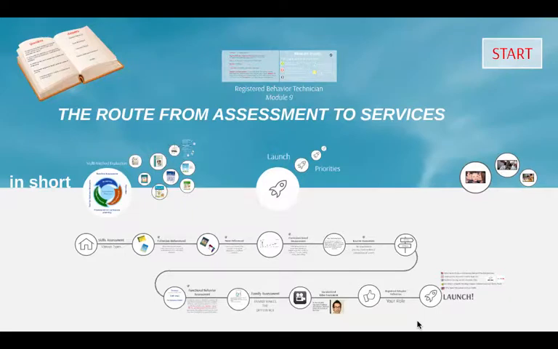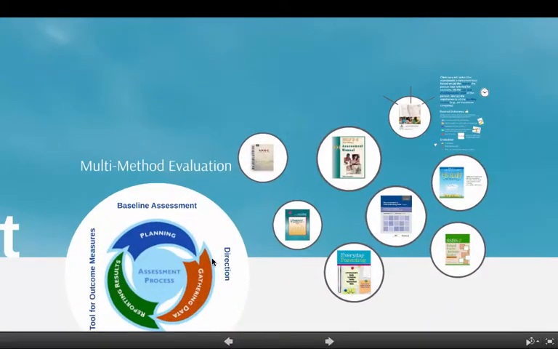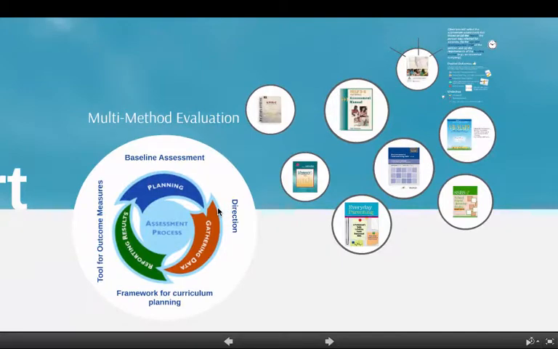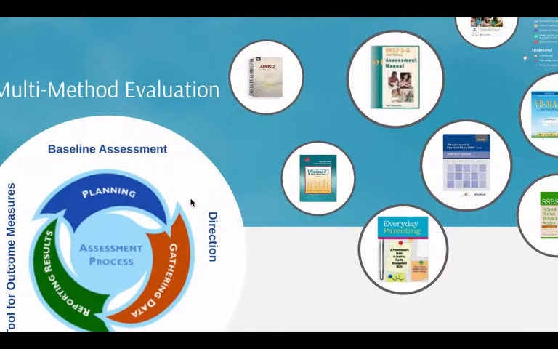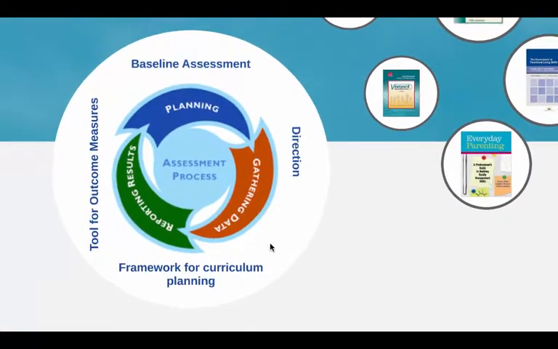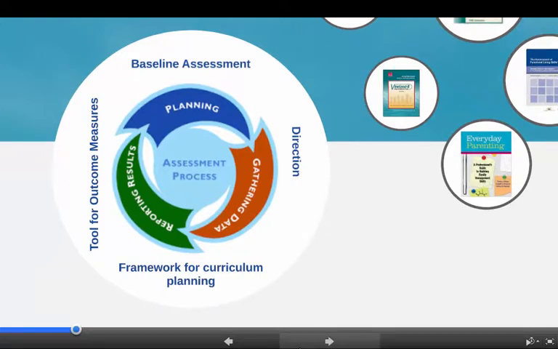Now I'll give you a brief introduction to assessment, and then after that I will go into greater detail in terms of the assessment process. Just by way of introduction, assessment occurs in a cyclical fashion. It is dynamic. It is never-ending. We are evaluating and assessing all the time.